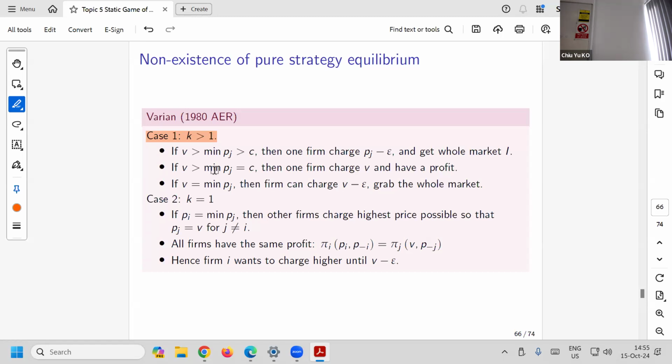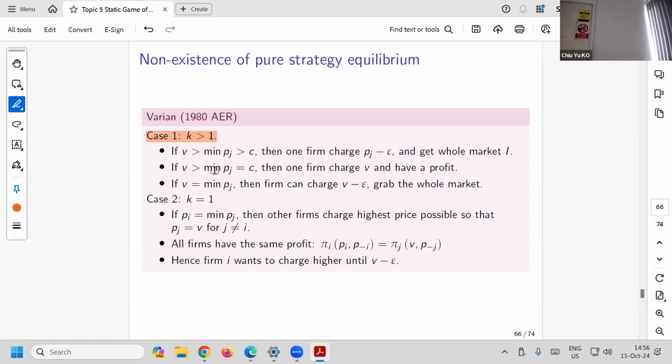Suppose the lowest price is below V, and there are two firms there. One particular firm goes just slightly lower and gets the whole market. Standard Bertrand context: if you're not the lowest, just steal the market. So it can't be an equilibrium. Then you undercut all the way down to C, and you get no profit at all.